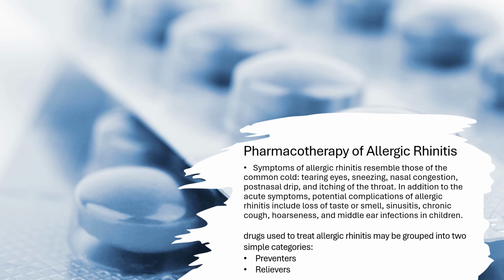Now, it is often not clear whether a person is experiencing seasonal or perennial allergic rhinitis. Patients with seasonal allergic rhinitis or seasonal allergies may also be sensitive to some of the perennial allergens, and it is also common for one allergen to sensitize the patient to another.